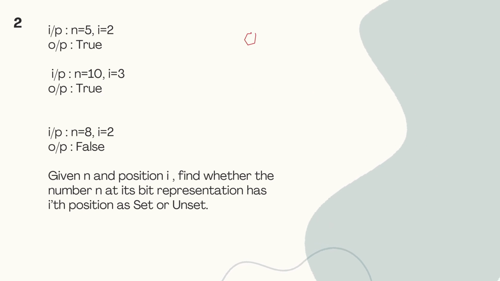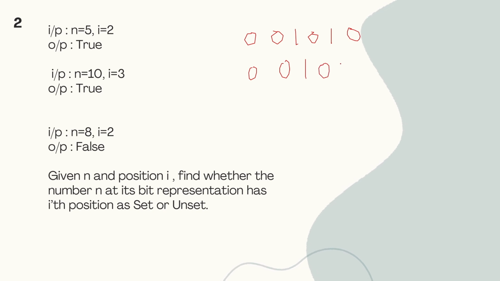So 0 0 1 0 1 0. If I right shift it one time, then I'm going to get 0 0 1 0 1, because the last 0 will get eliminated. Again if I right shift it one time, I'm going to get 0 0 1 0.